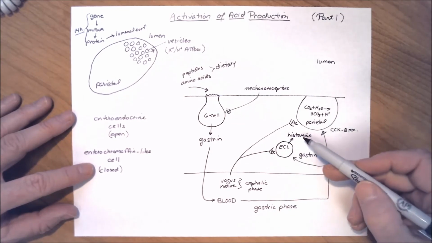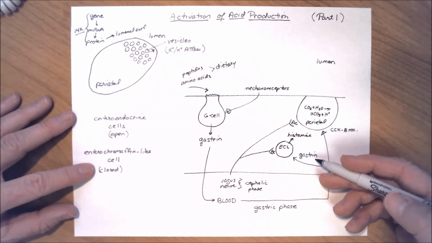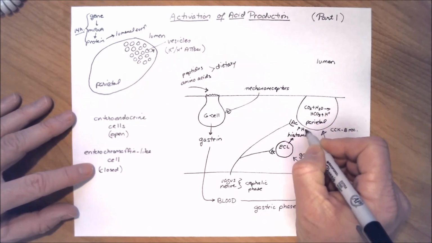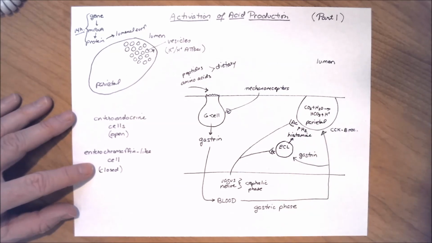And now histamine is going to act in a similar manner as gastrin to stimulate the parietal cell, and it does so through the H2 histamine receptor.